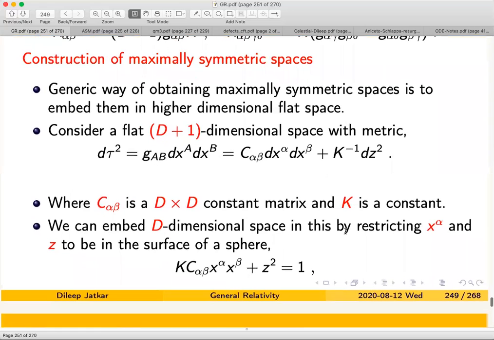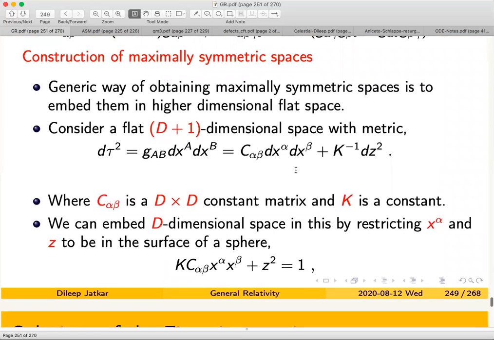Now, the embedding of the maximally symmetric space is very special. It's not like you write down a random function. Of course, you can write down a random function to get a four-dimensional space embedded in five-dimensional space. Nothing stops you from that. But maximally symmetric spaces are very special. You write down a quadratic equation like this: k times c alpha beta x alpha x beta plus z squared equal to 1.